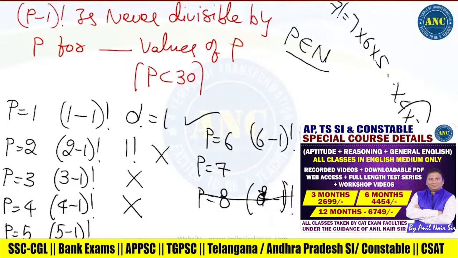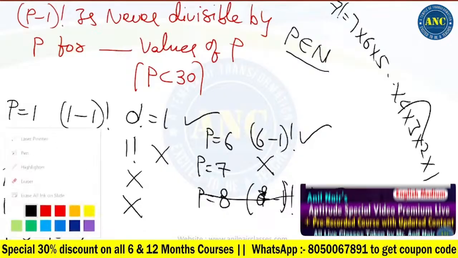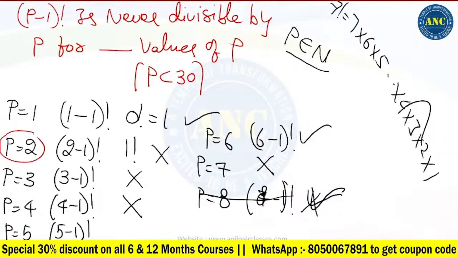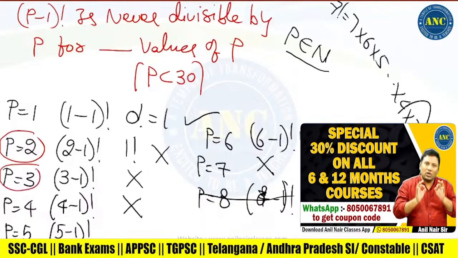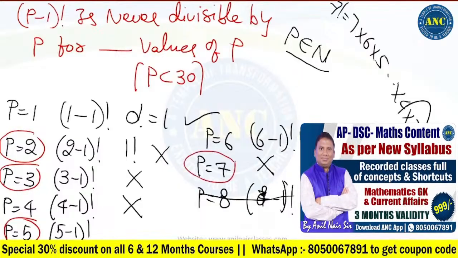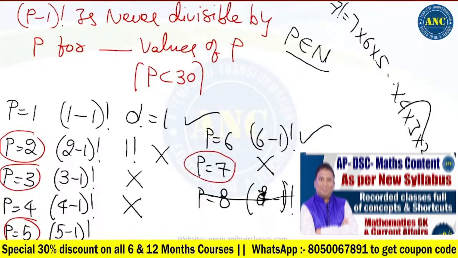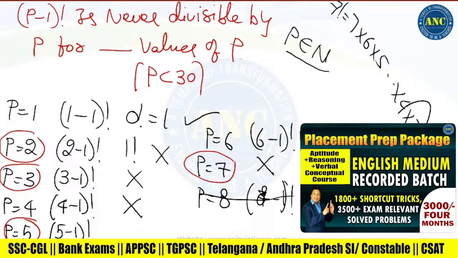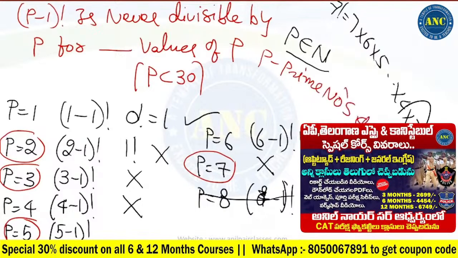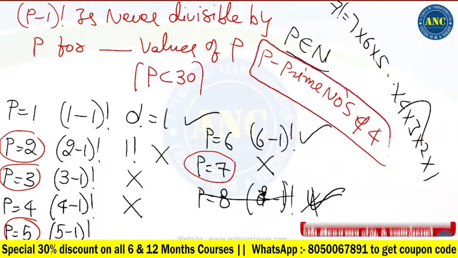Now where all we got cross marks, if you observe, you will get the answer easily. Cross marks we got for P equivalent to 2, prime; 3, prime; 5, prime; 7. And in addition, we got the case P equivalent to 4. That means P will take all prime numbers and 4.